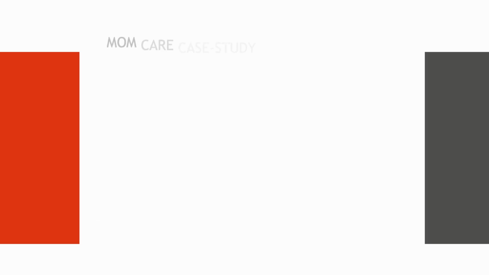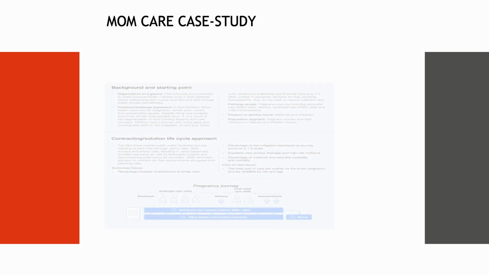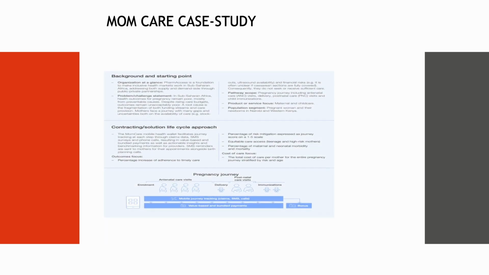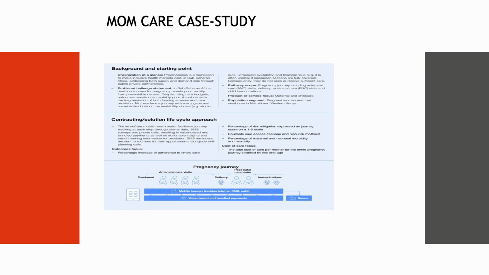And let me demonstrate this with the help of how this model was applied in pregnant women in sub-Saharan Africa. This is called the Mom Care case study. Now, we know that the health outcomes remain poor for pregnant women in sub-Saharan Africa. Much of the poor outcomes are actually easily preventable.